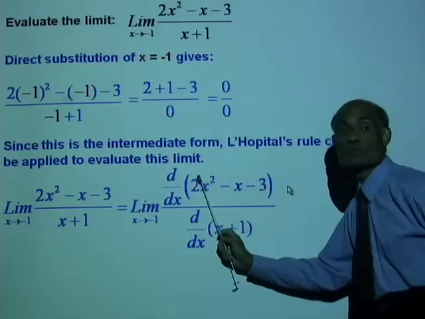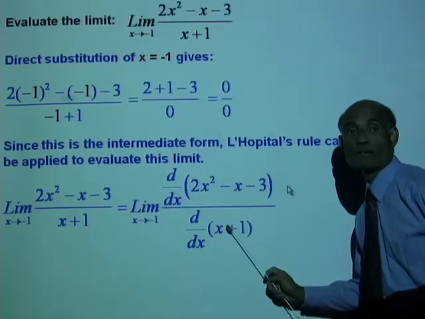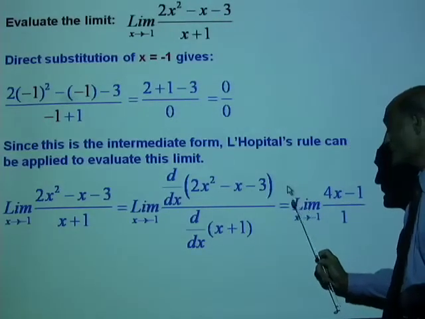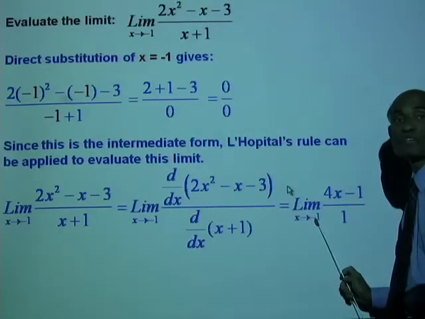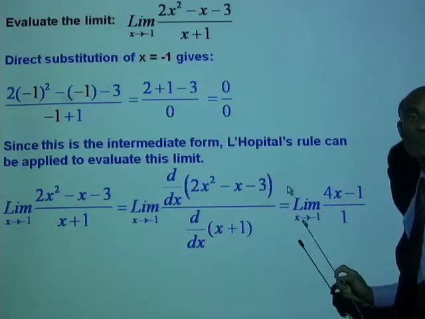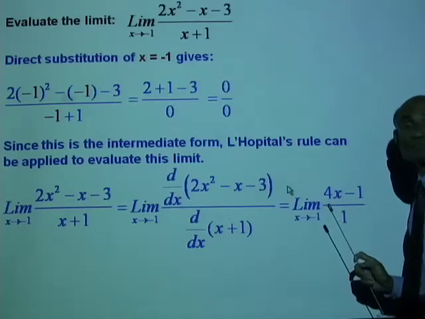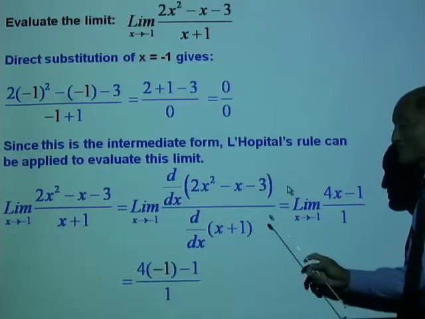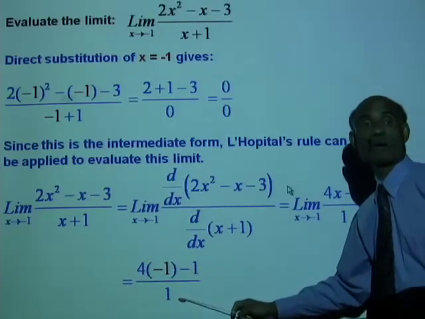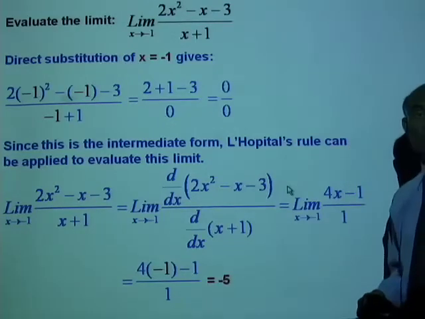The derivative of the numerator is 4x minus 1, and the derivative of the denominator is 1. So that is the limit of 4x minus 1 divided by 1. Replace x by negative 1: 4 times negative 1 minus 1 divided by 1, and that is negative 5.